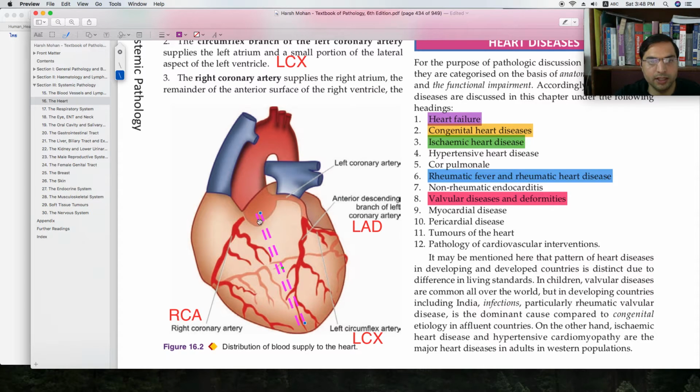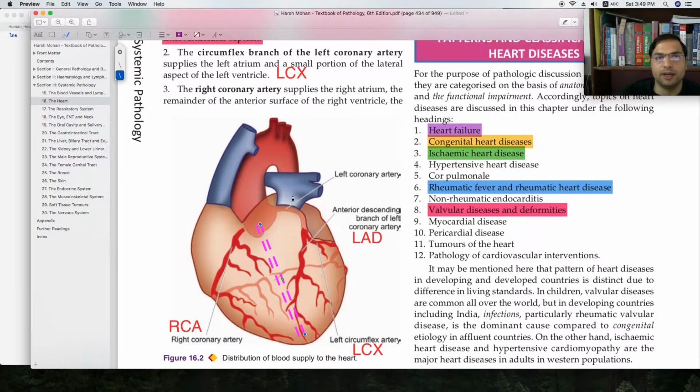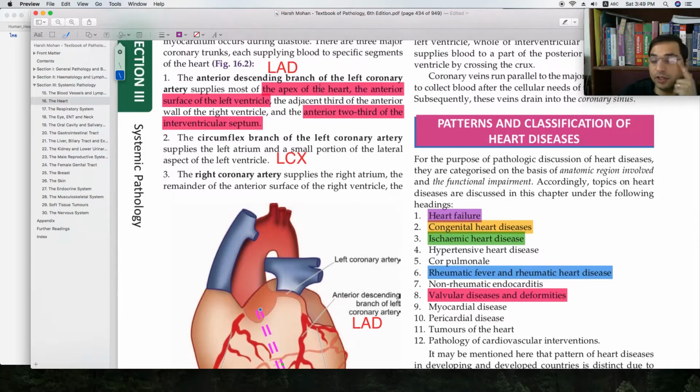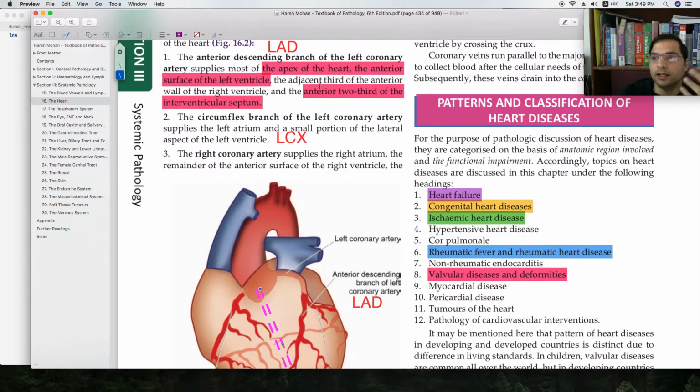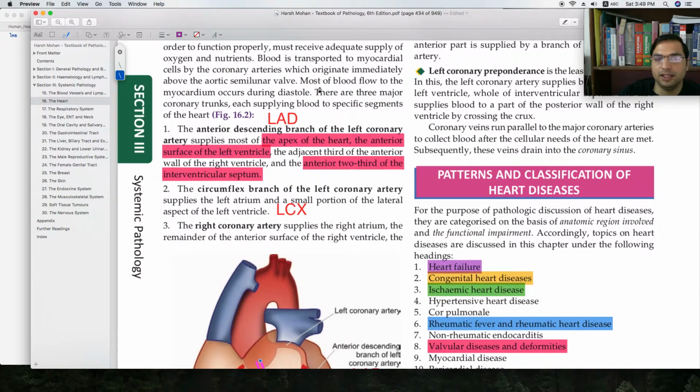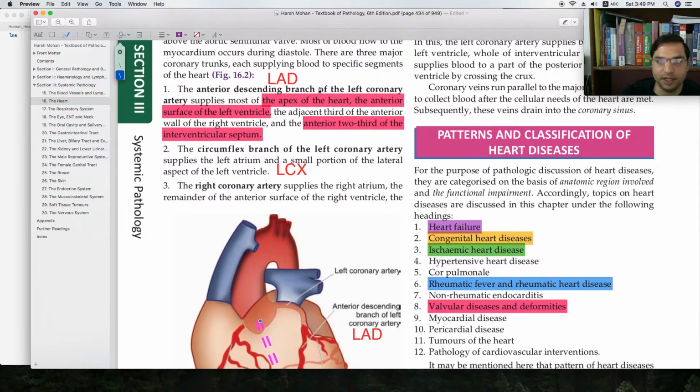If this is the interventricular septum, then from the anterior side, up to two-thirds, the anterior two-thirds is supplied by the left anterior descending branch of the left coronary artery, and the remaining posterior one-third, the back side of the interventricular septum, is supplied by the right coronary artery, right?